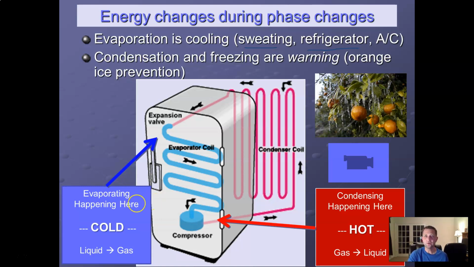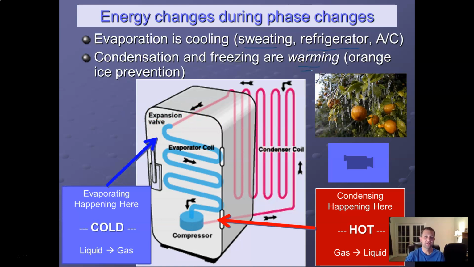Makes everything cold. Well, what happens to that gas? Well, that gas, that substance that evaporated, has to turn back into a liquid. Those are your condensing coils, usually found on the back of your refrigerator. If you ever noticed, they feel hot, they feel warm, because condensation is a warming process, okay?